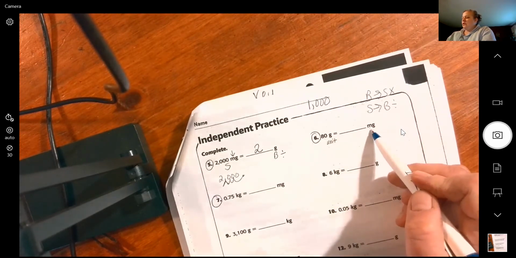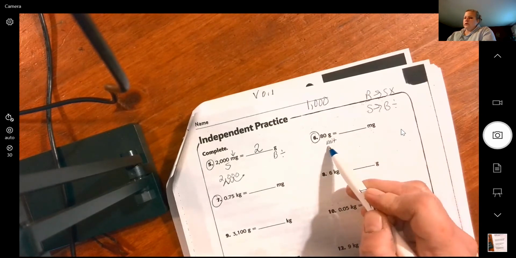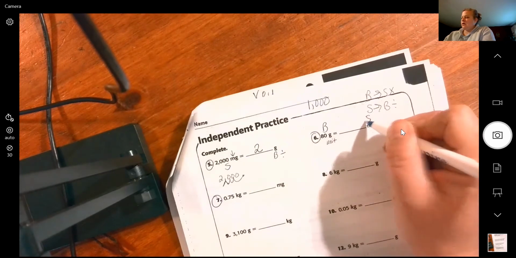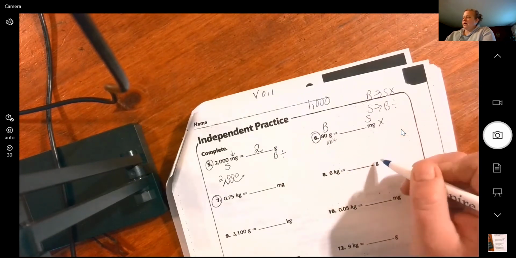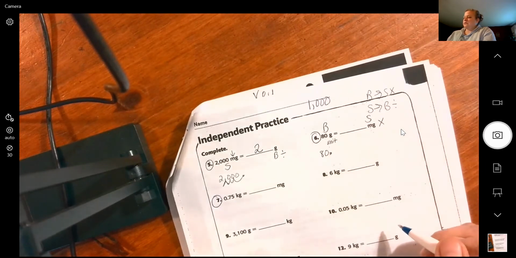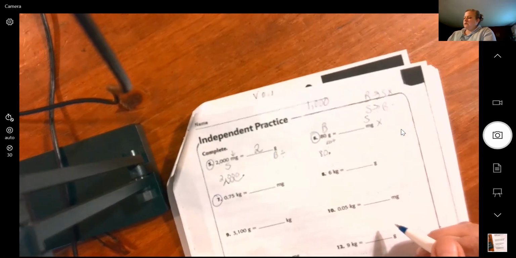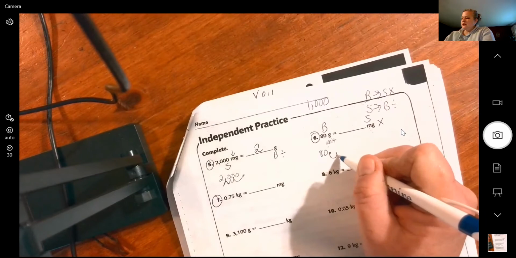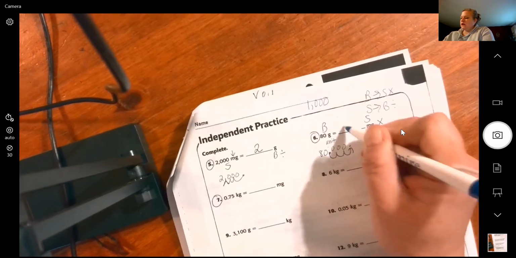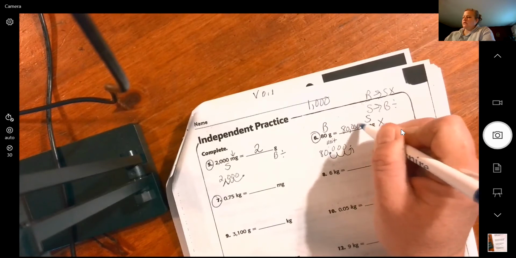Many cute dolls usually do have kids. Big to small, which means we multiply. All right, so which direction is my decimal going to go for multiplication? 1, 2, 3. So I need to add 3 zeros.